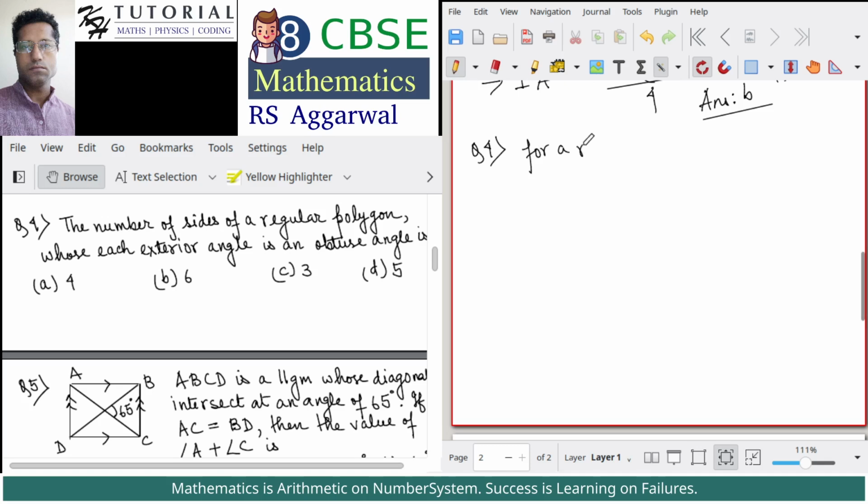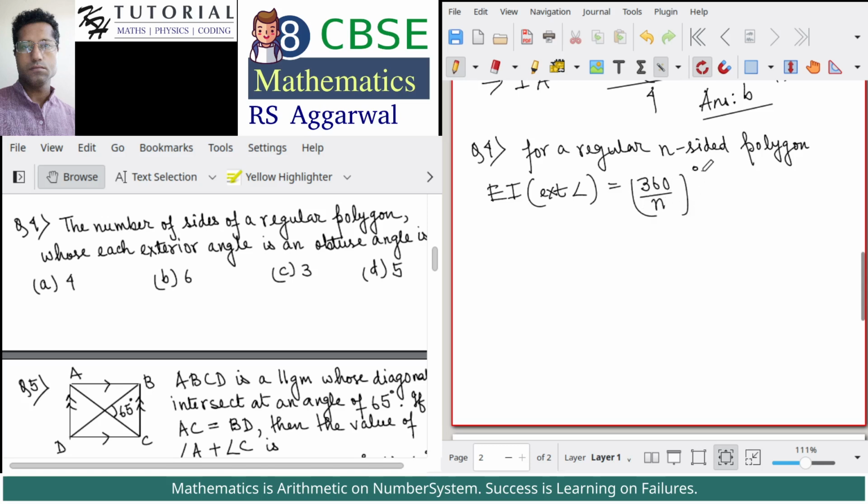For a regular n-sided polygon, we know the formula: each exterior angle, I am abbreviating as EI, which means exterior angle, is equal to 360 degree divided by n.